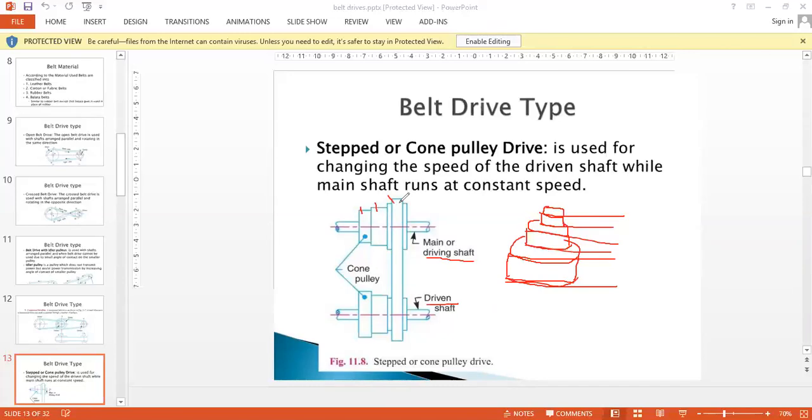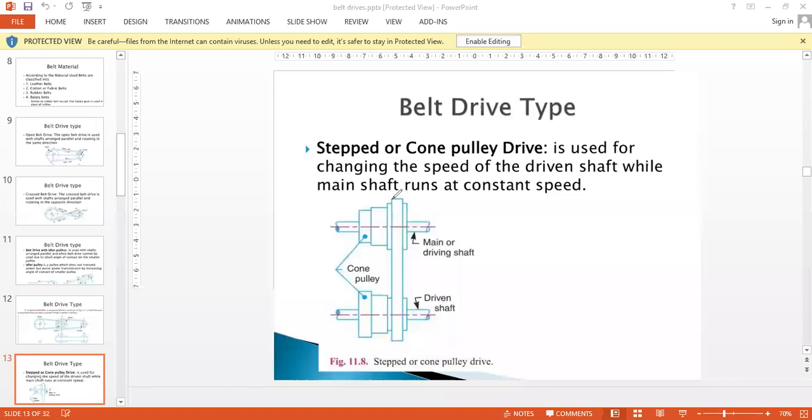Wherever we have the higher diameter, in line with that, we'll have the smallest diameter, and then the next bigger diameter, and then finally onto the driving shaft, we have the smallest diameter. So on the driving shaft, we'll have the highest diameter. Why we need this is to vary the speed of rotation, to vary the RPM.